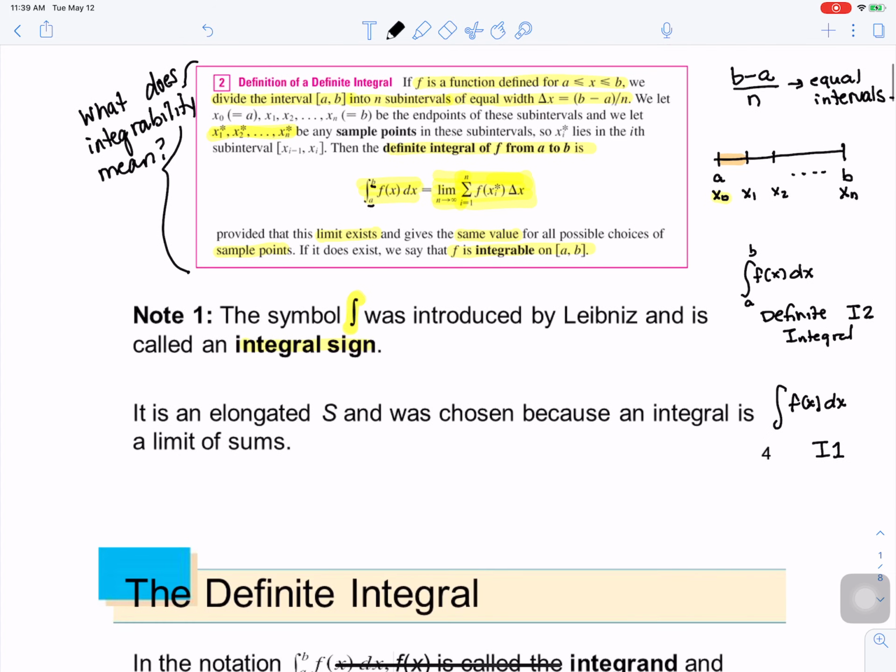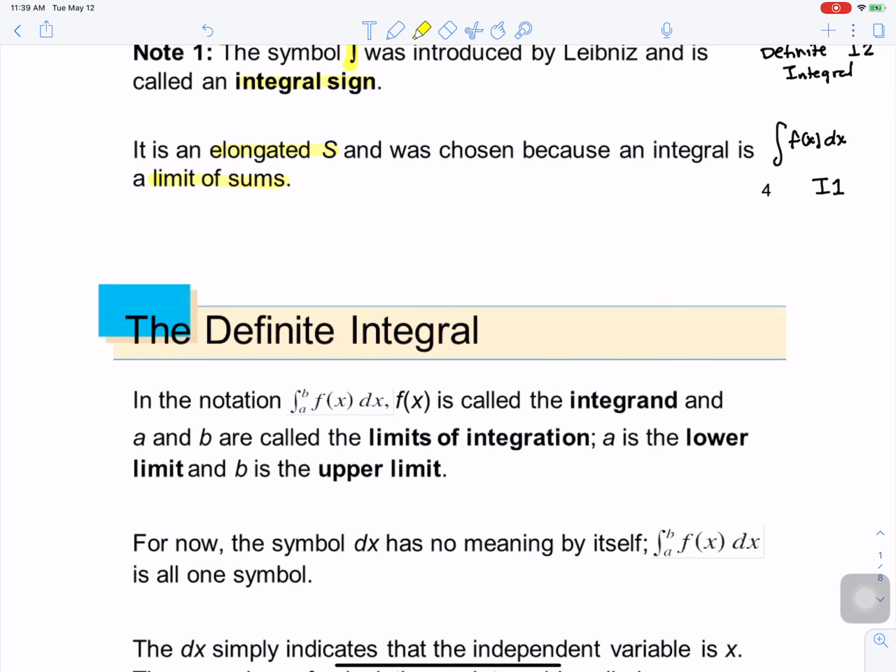You may ask, why is that funny symbol used? They think of this funny symbol as an elongated S, and they do it because it was a limit of sums, and S is kind of like a sum, so they use a big, long, elongated S for that. Notation: the f of x, we call that the integrand.